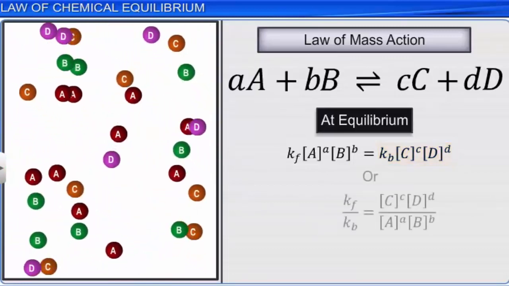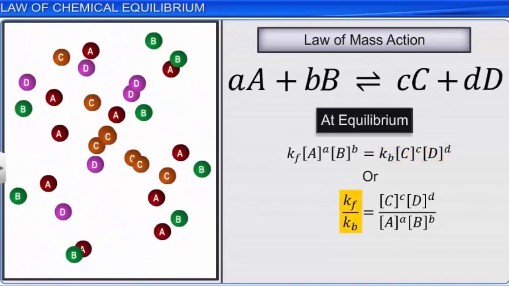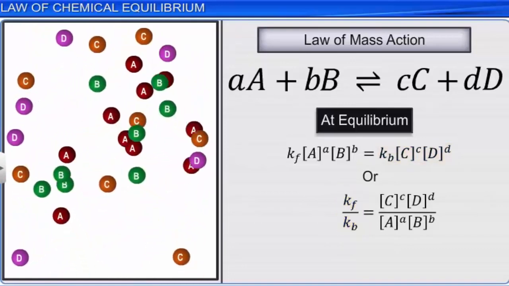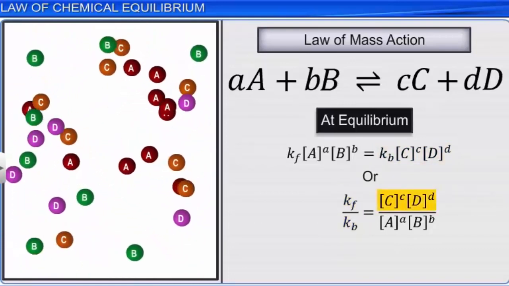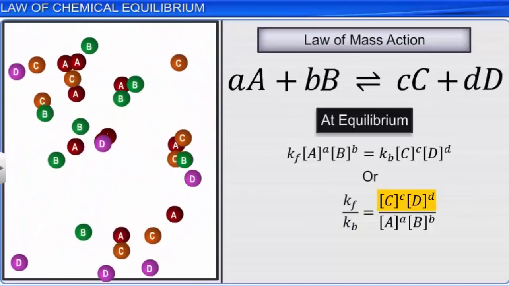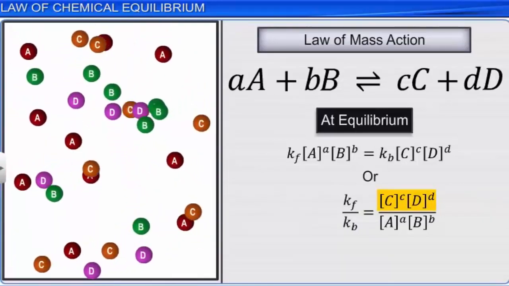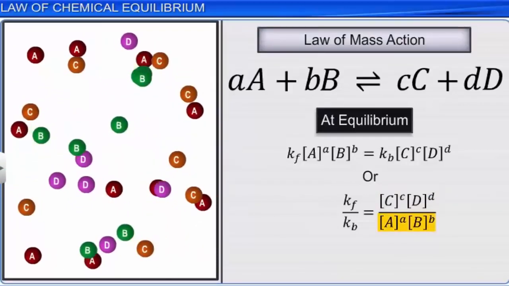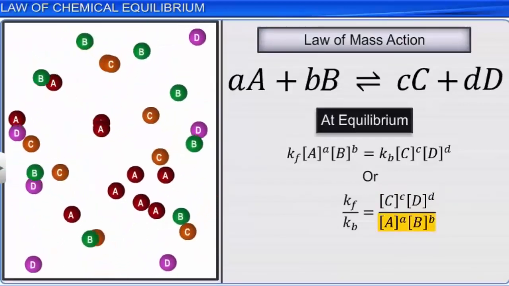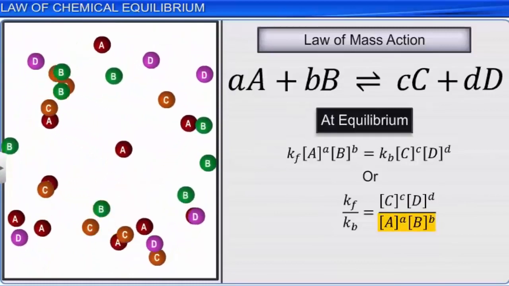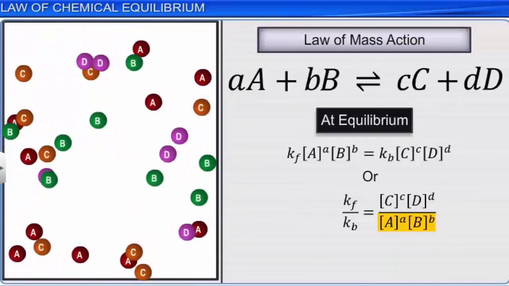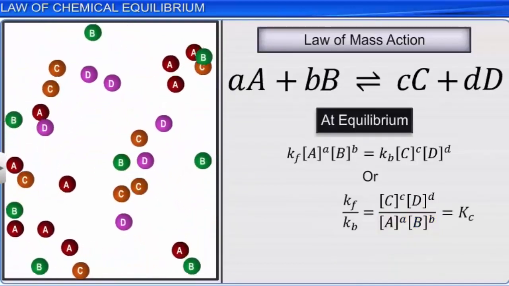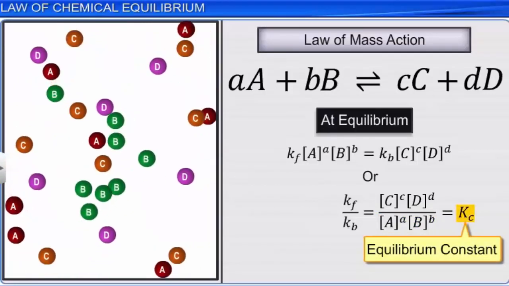This can be written as Kf divided by Kb is equal to the product of the concentrations of the products C raised to the power of c and D raised to the power of d divided by the product of the concentrations of the reactants A raised to the power of a and B raised to the power of b. This is equal to the equilibrium constant Kc.